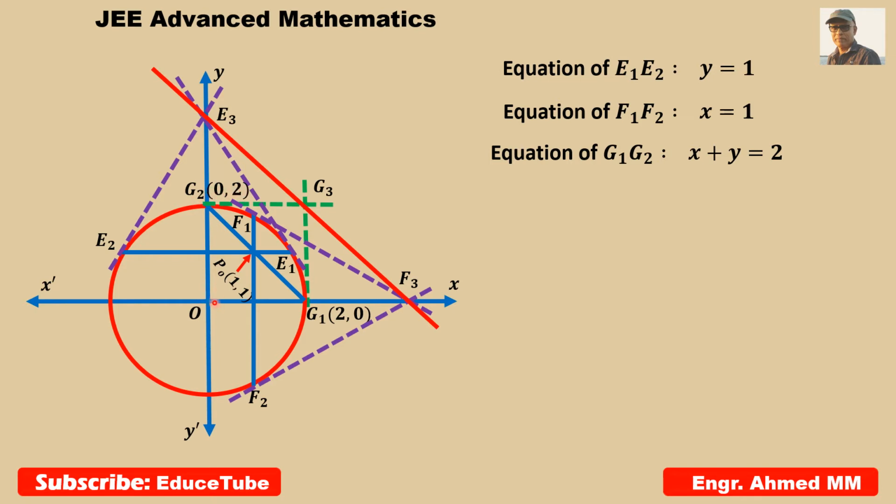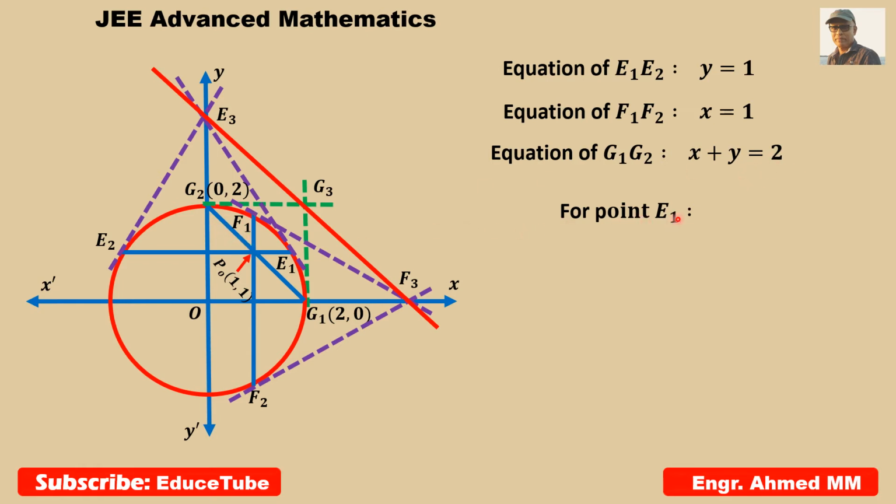So we are sure that the x-intercept is 2, and the y-intercept is also 2. So easily we can write the equation x by 2 plus y by 2 equals 1, and then we can write x plus y equals 2. This is the equation for G1, G2.